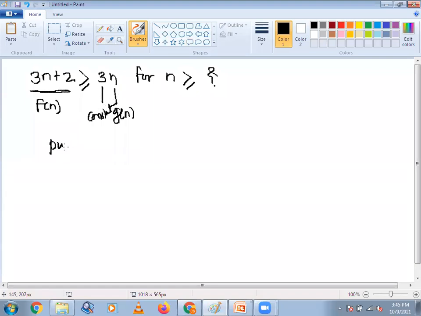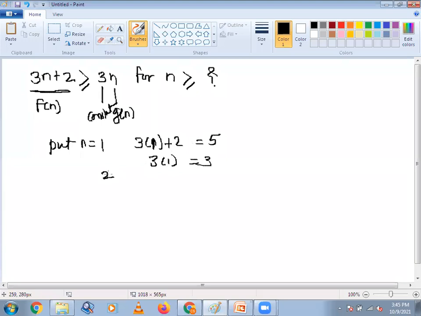Here we should find the value of n. So put n is equal to 1. So 3 into n plus 2, that is 3 into 1 plus 2, it is 5, and 3 into 1, it is 3.